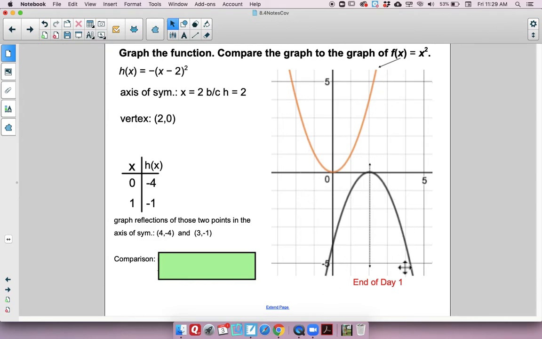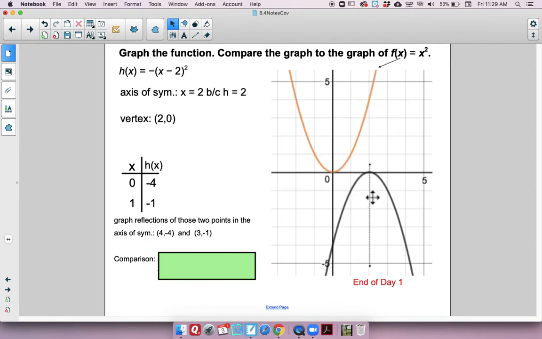Here's our parent function. Here's what we just graphed. Notice that if we put 0, -4 here, that is 2 units to the left of our axis of symmetry, so we need to have another point 2 units to the right. That's where we got the 4, -4. Same with 1, -1, right here.